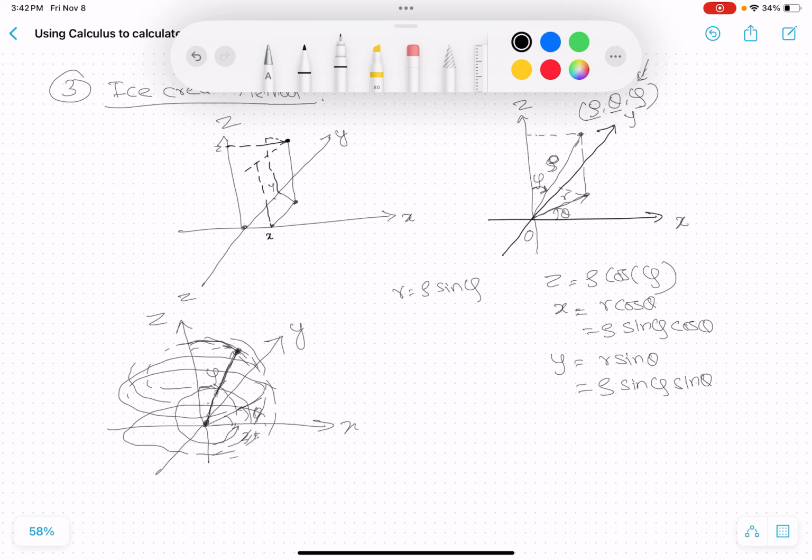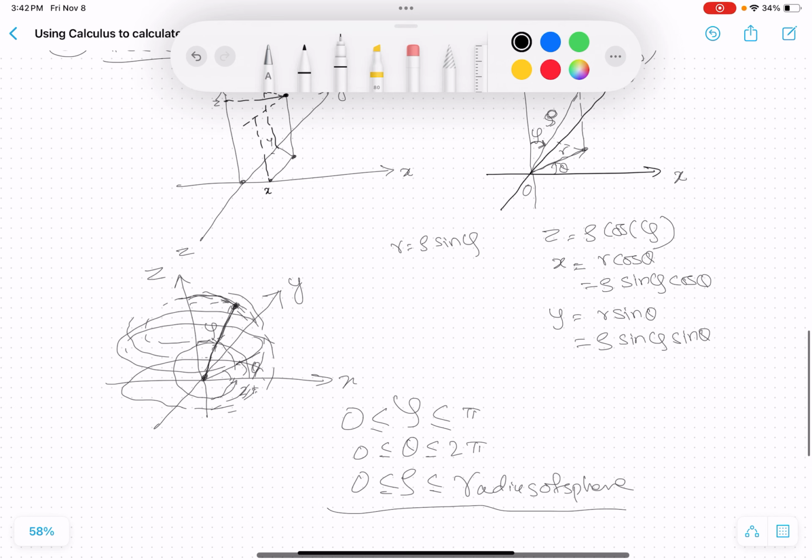I mean, if you allow phi to go from 0 to pi, theta to go from 0 to 2 pi, and rho to go from 0 to the radius of a sphere, let's say r, you will see that a sphere will be generated, right?